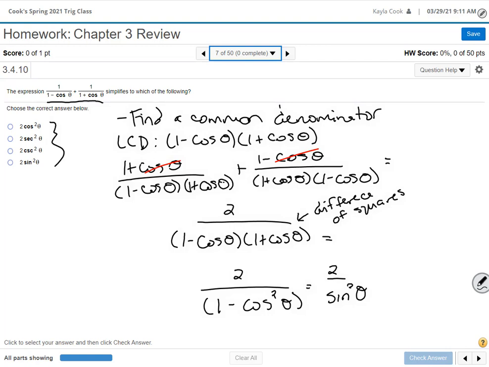To do that, I'm going to use a reciprocal identity, and the reciprocal identity for sine squared is cosecant squared. So this is really 2 cosecant squared theta. And that is my answer.